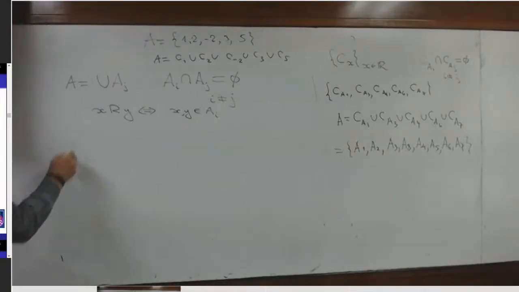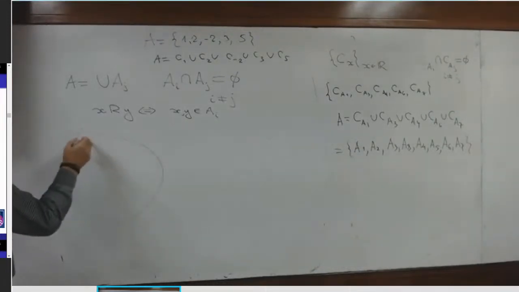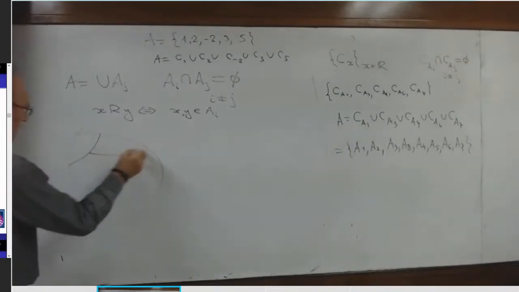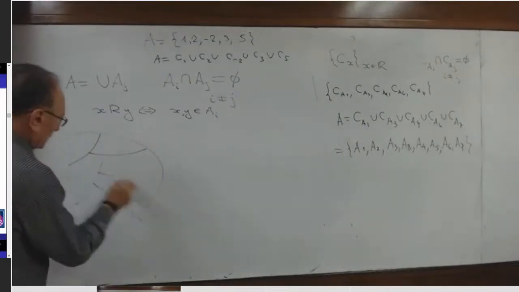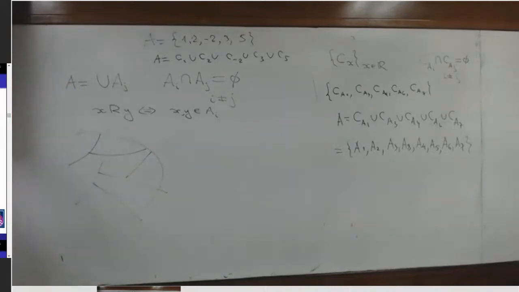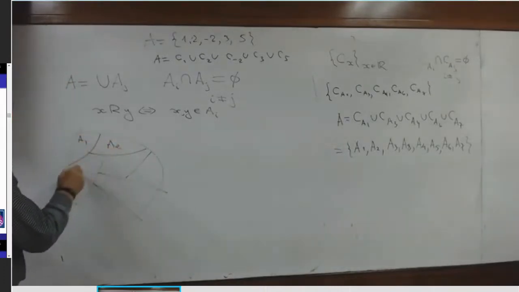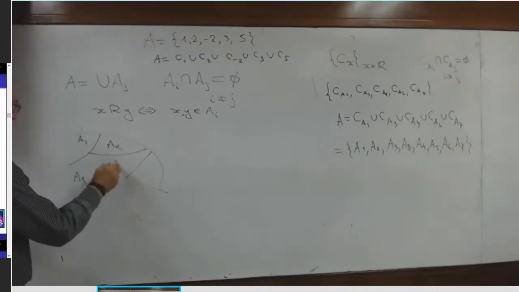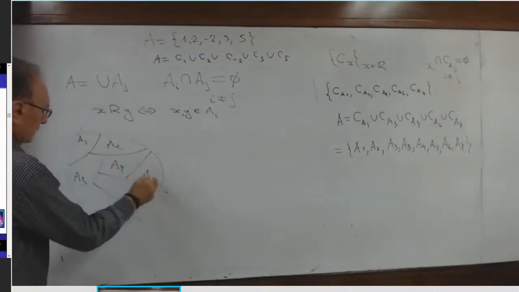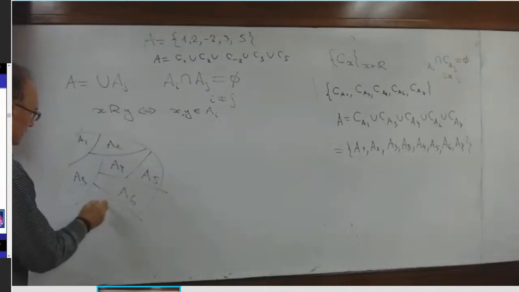Okay, let me draw, in that case, some picture. This is a partition, right? This is A1, A2, A3, A4, A5, A6, and A7.